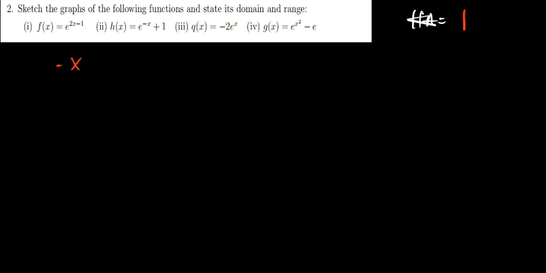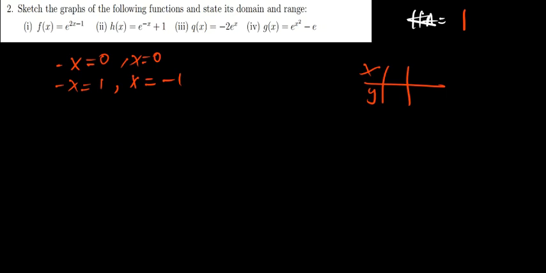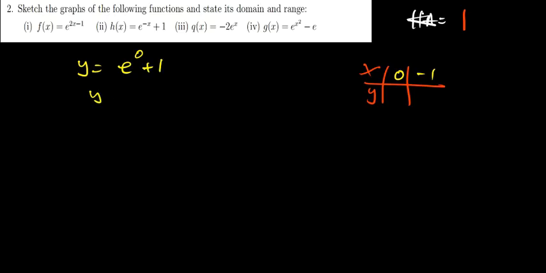So the exponent is equal to 0 and negative x is equal to 1. Therefore x is equal to 0 and x is equal to negative 1. When x is equal to 0 and when x is negative 1, what will be the value of y? Y will be equal to e raised to the power 0, because negative is not going to affect anything. Any number to the power 0 is 1. 1 plus 1 is 2. So that gives me 2.